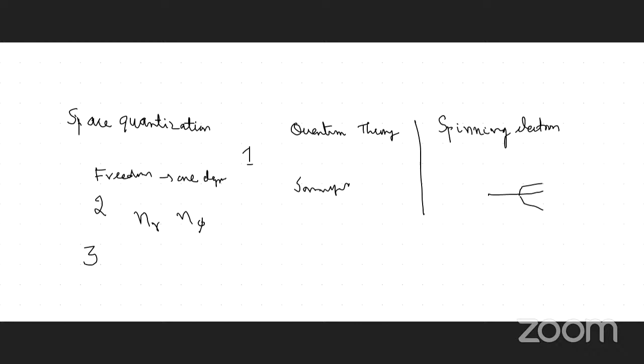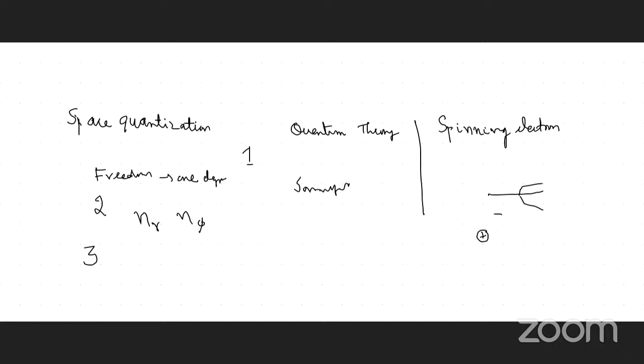Generally, we think that if we have a center with a nucleus, which is positively charged, the electron is revolving around it in elliptical orbits, in this direction.